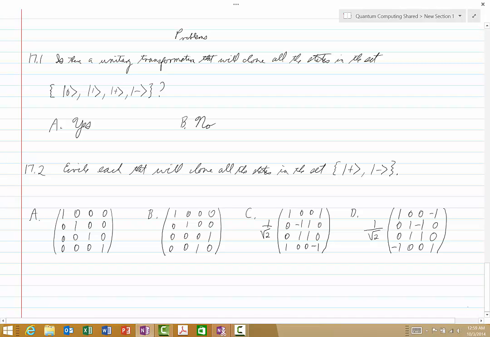It just says, is there a unitary transformation that will clone all the states in this set consisting of the 0 cat, the 1 cat, the plus cat, and the minus cat? And the two possible answers are simply yes and no. And then in 17.2, you were asked to circle each that will clone all the states in the set consisting of the plus cat and the minus cat.